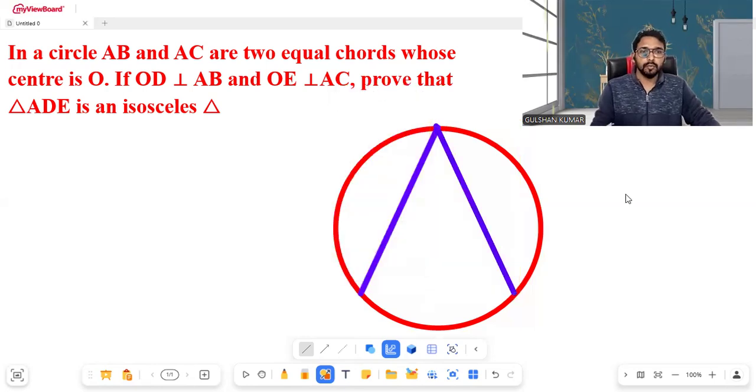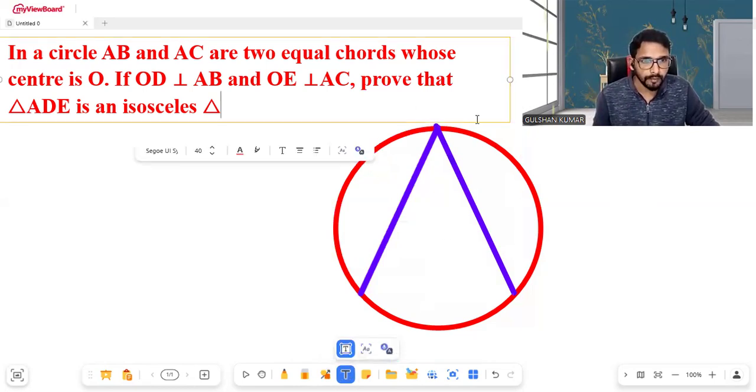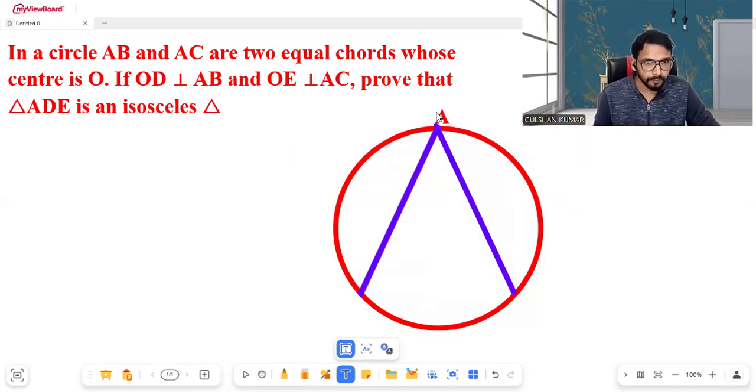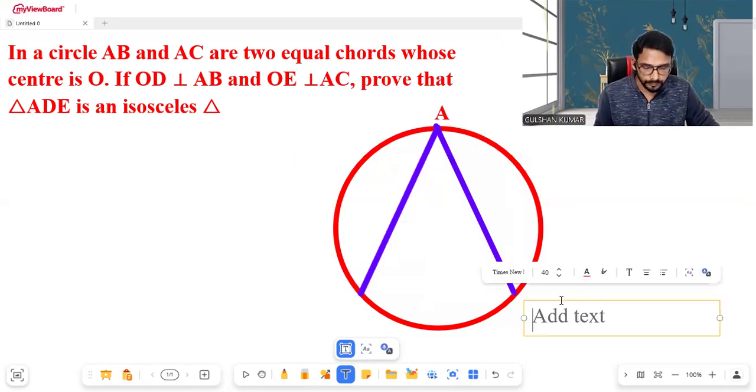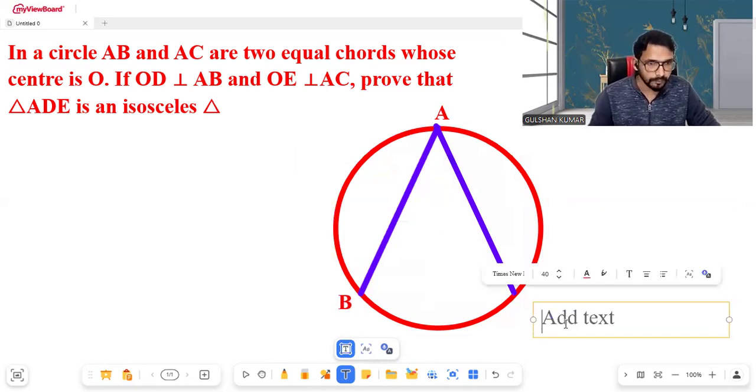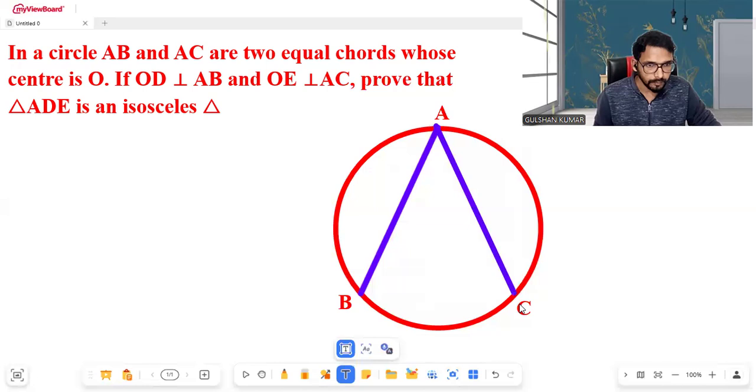Name these two chords in the circle AB and AC. First, we mention the names: A will be here, B will be here, and C will be here.